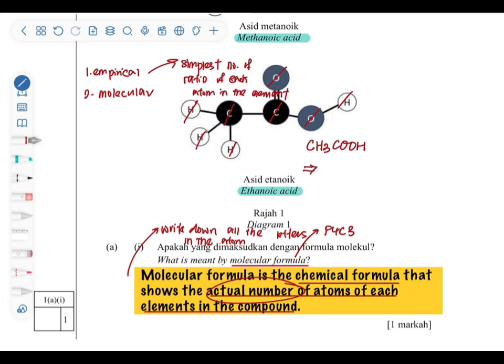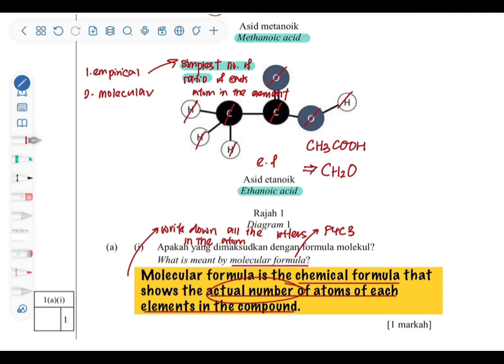Since you already know that the empirical formula gives us the simplest ratio, it means we simplify the molecular formula of a substance. In this case, for ethanoic acid, the empirical formula would be CH2O.